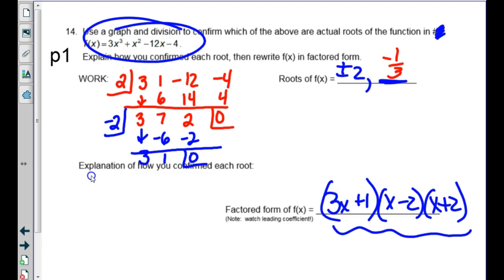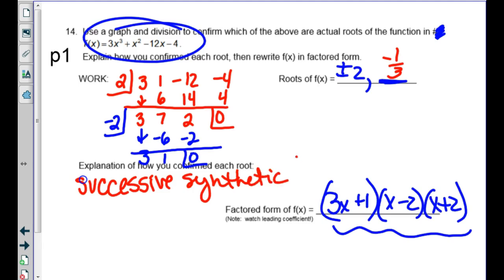All right, explanation. There's several problems here where you have to write an explanation to get full credit. How did you confirm each root? Okay. You can say synthetic division, or you could say successive synthetic division. I'm not going to be that picky. What had to be true for you to confirm it was a root?